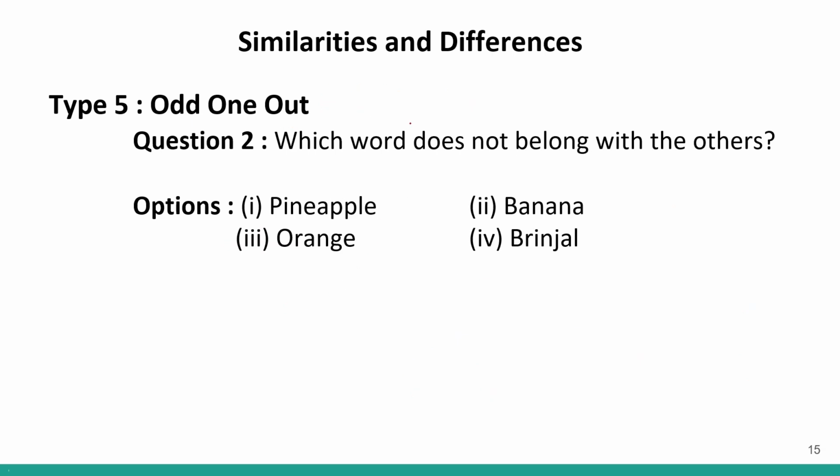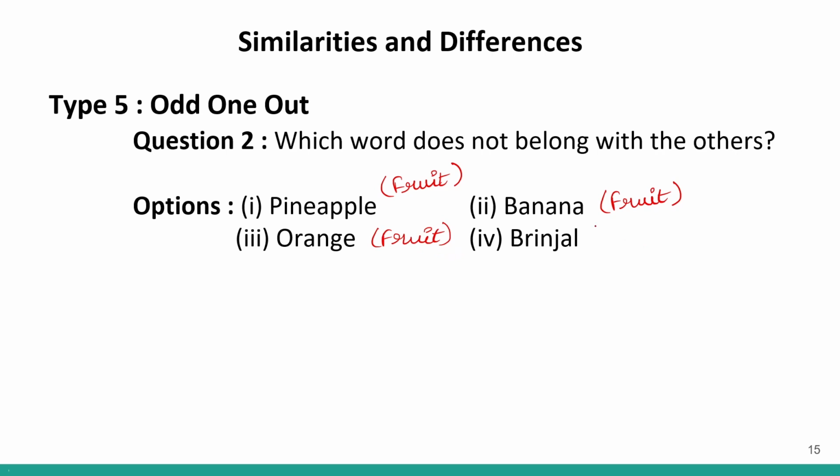Now, again, which word does not belong with the others? So here I can see option number 1, pineapple is a fruit. Similarly, banana is also a fruit. Orange is also a type of fruit.